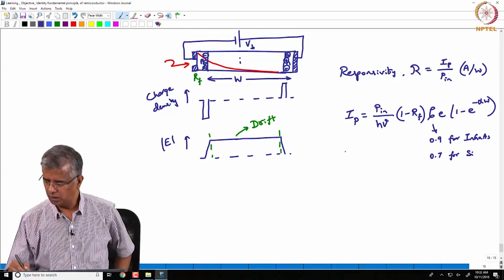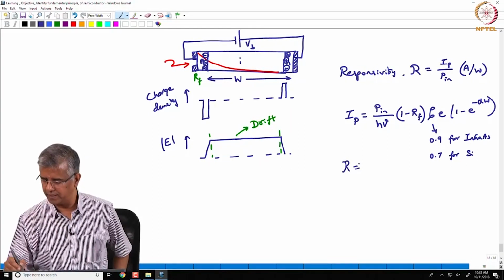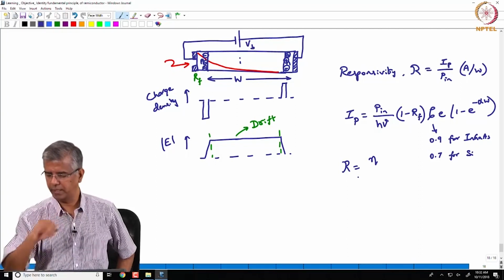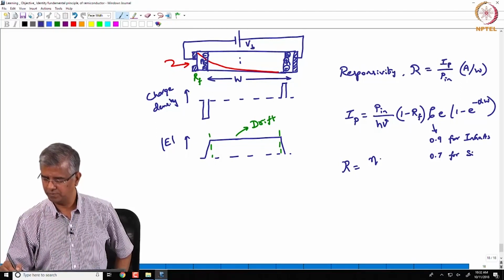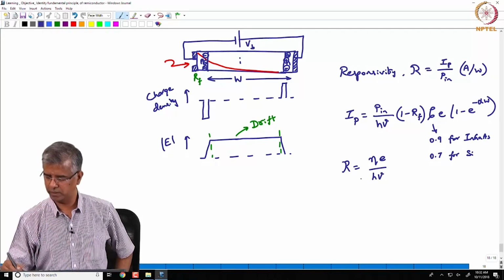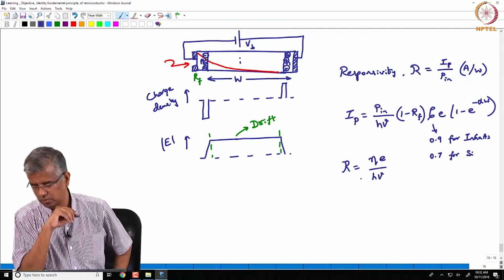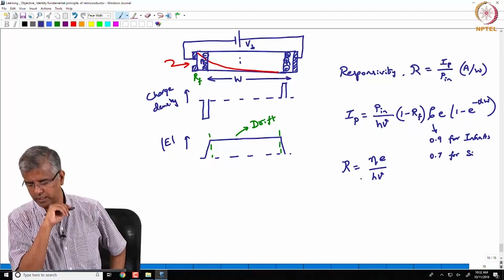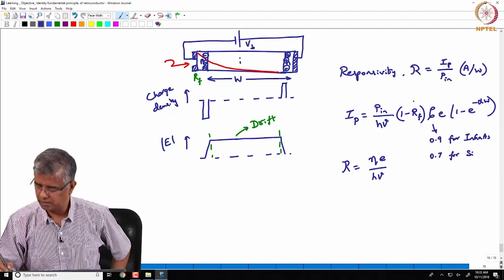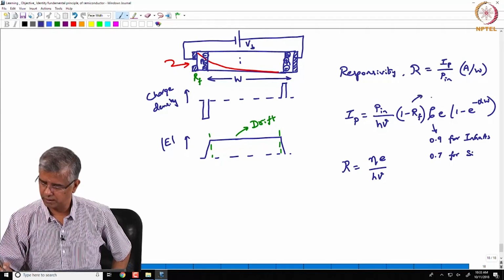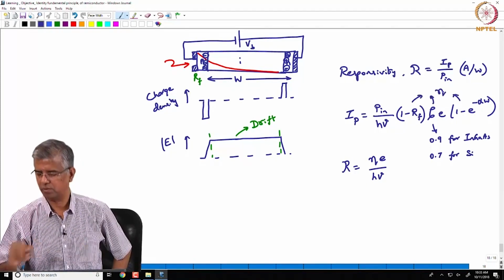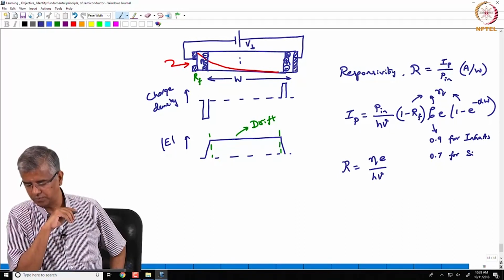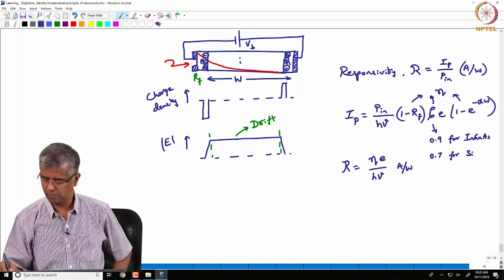So, based on this expression, you can write the responsivity as some factor eta, right, multiplied by E over h nu, right, where E is the electronic charge, h nu corresponds to the photon energy, and eta is essentially a product of these three terms, and that is going to be in amps per watt.